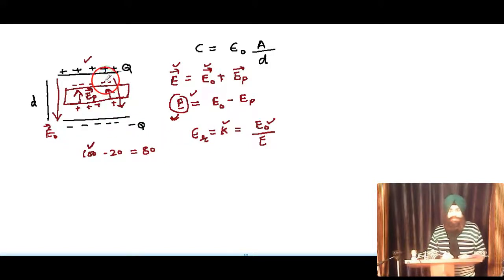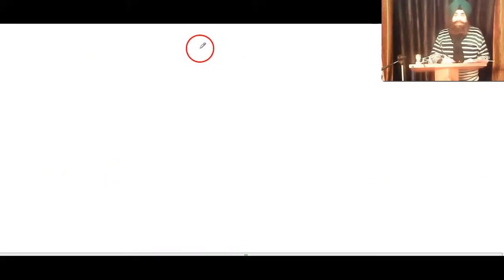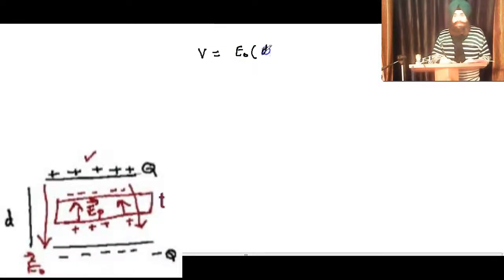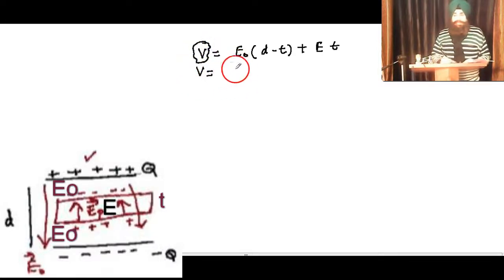Now we write about the potential. There is a relation between electric field, potential and distance. The relation for the potential becomes: E naught exists in the space d minus t, and E exists in the space t. So this is the resulting potential.